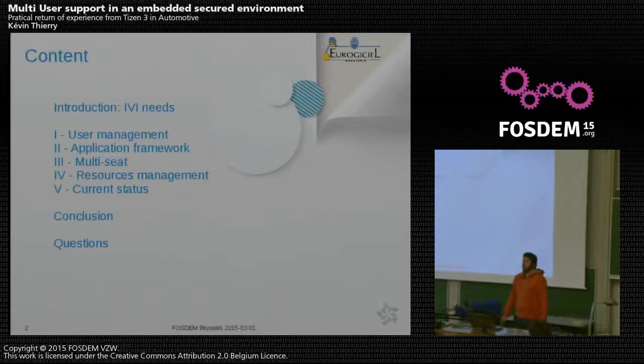So I'm going to first introduce what the needs are for in-vehicle infotainment, and then I'll explain all the parts of the solution we use in Tizen. I will begin with user management, so what are the different kinds of users we have. I will explain the application framework, which is the most important part. I will then talk about multi-seat, so how we handle the different seats in a car, and especially how we move from one seat to another.